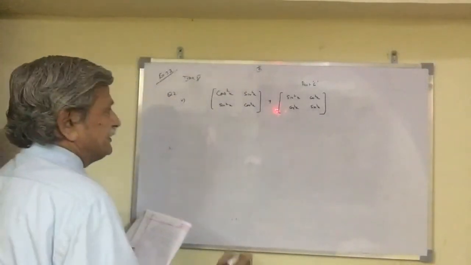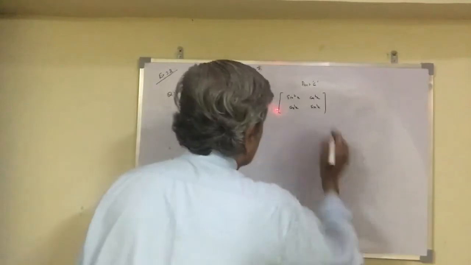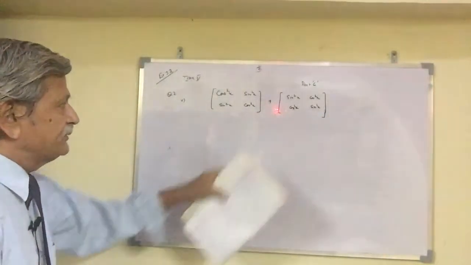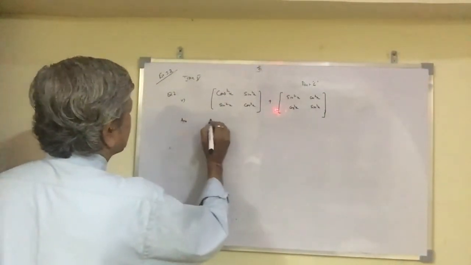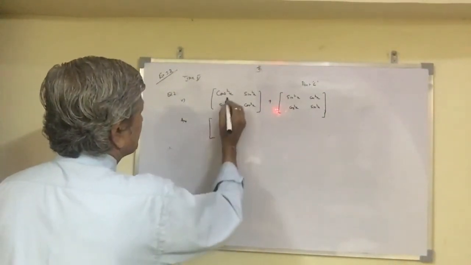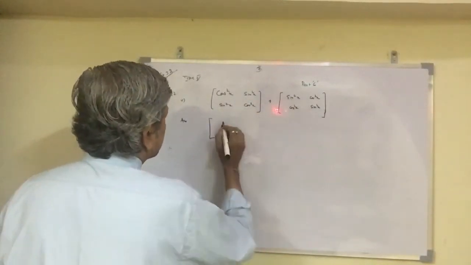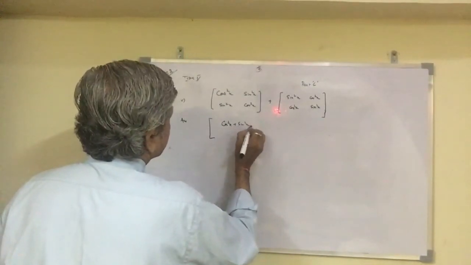Now in this case you have to find the addition of both matrices. This is the first part, this is the second part. So very simple it is. You can give in the answer cos square plus sin square. So the a11 element will be added to the a11 element: cos square x plus sin square x.